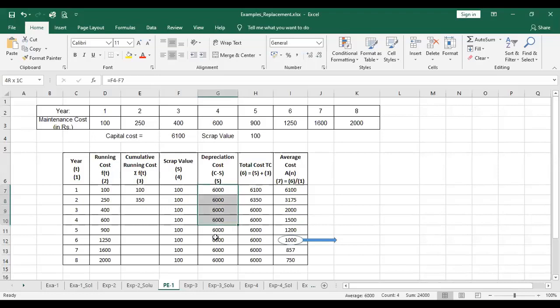The depreciation cost is 6,000, as the capital cost and scrap value remain the same over the years. So 6,000 plus 350 is 6350. But here the number of years we are using the machine is 2, so the average cost is 6350 divided by 2, which is 3,175 rupees.